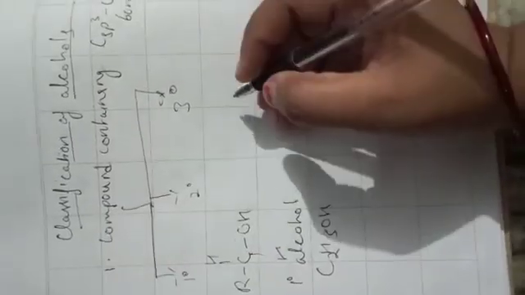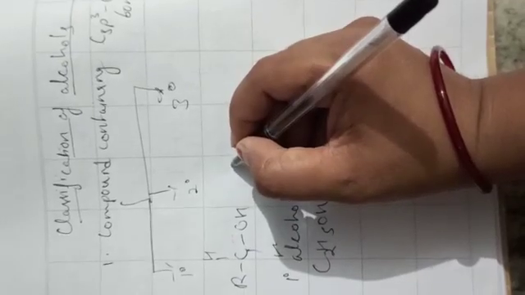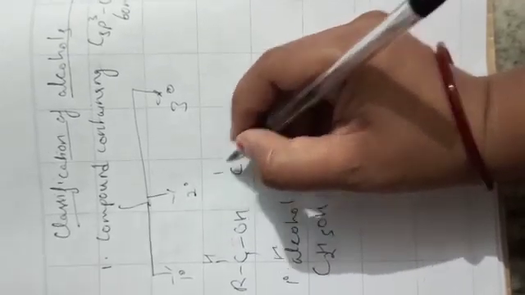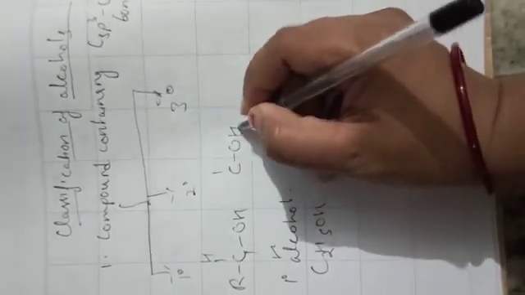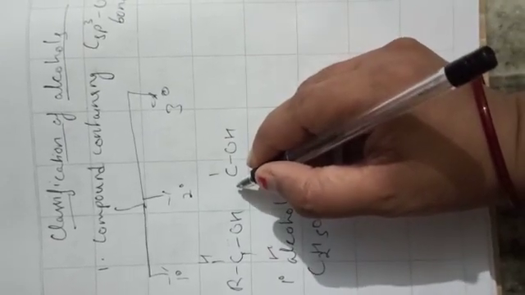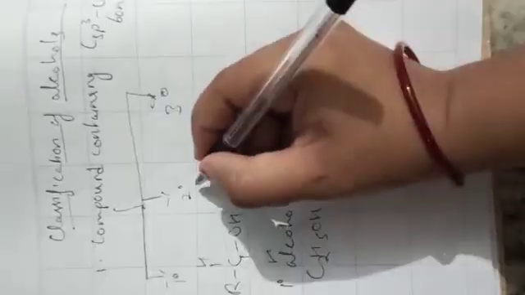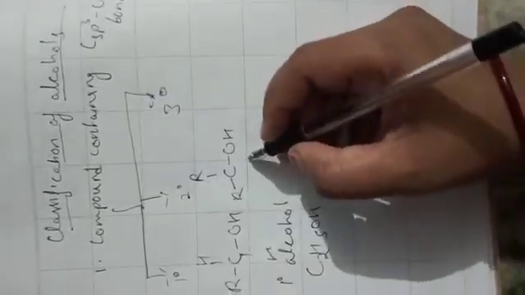Then secondary alcohol. In this case, students, the OH group is attached to the sp3 hybridized atom, but it is a secondary carbon, because here two hydrogen atoms are replaced by two alkyl groups.